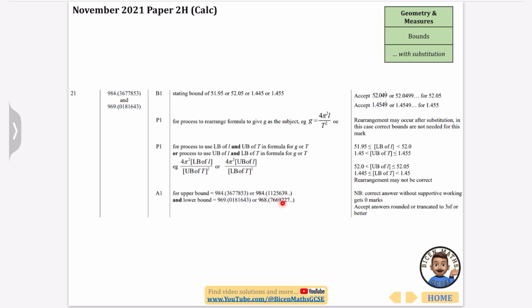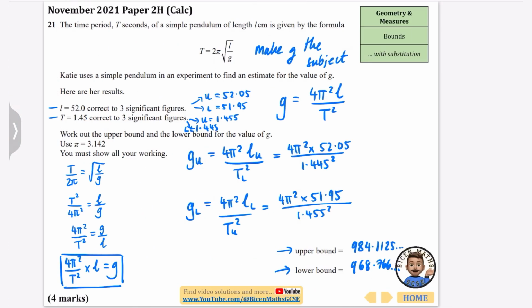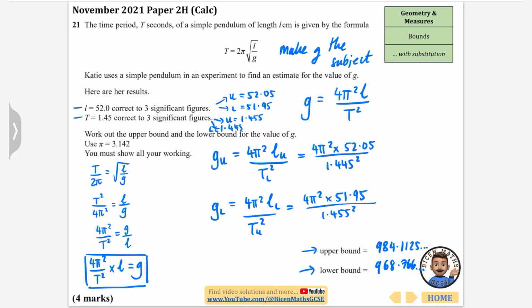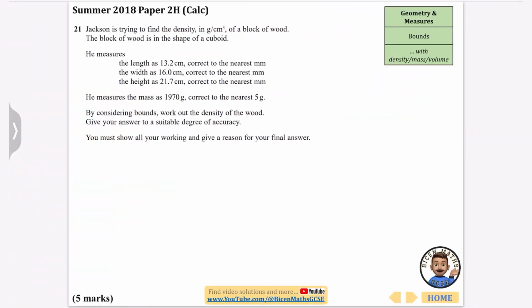Okay, it does say or, so that's okay. The upper bound, the lower bound, I could have 968.7669. How strange. I will come back and try and figure out why it's got these two different ones. It might be something to do with the rearranging that's happened. So we're definitely going to say these are the two things that we've got. That was very strange they've got these two answers, but ours would be accepted according to the mark scheme.